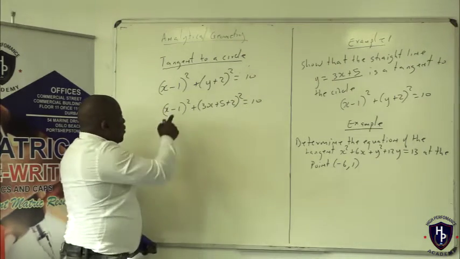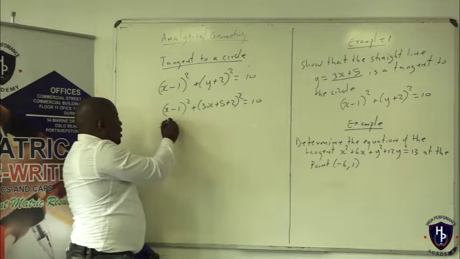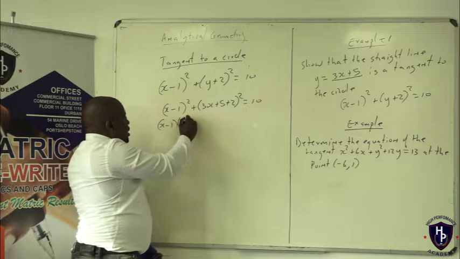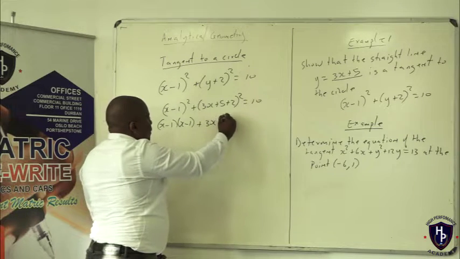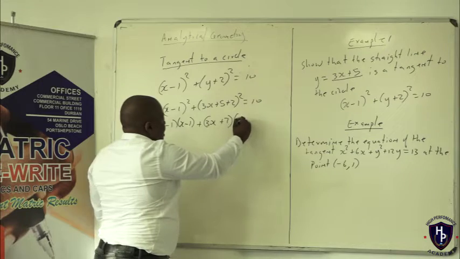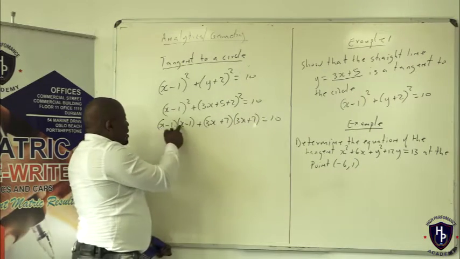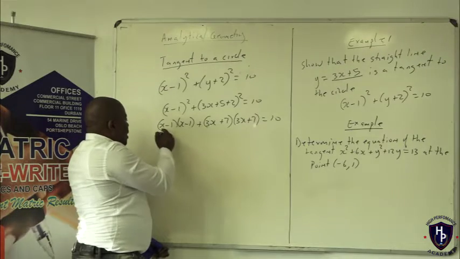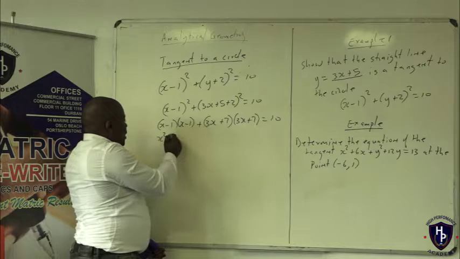Now, let us expand this. It's squared, so we're going to say (x minus 1) into (x minus 1), plus (3x plus 7) into (3x plus 7), equal to 10. Now let's multiply. x times x, x squared. x times minus 1, minus x.